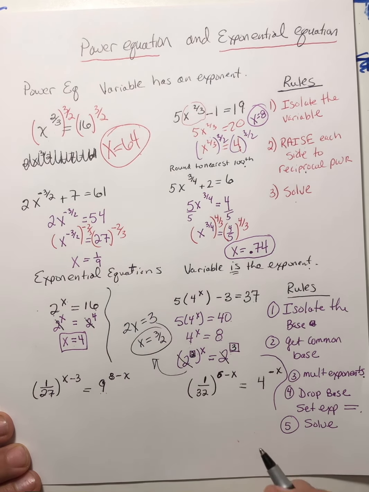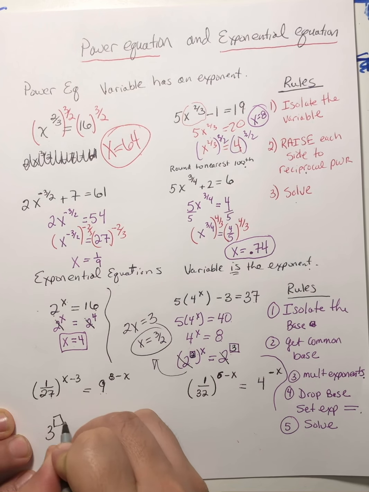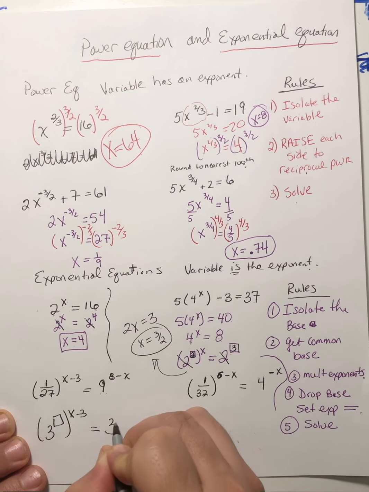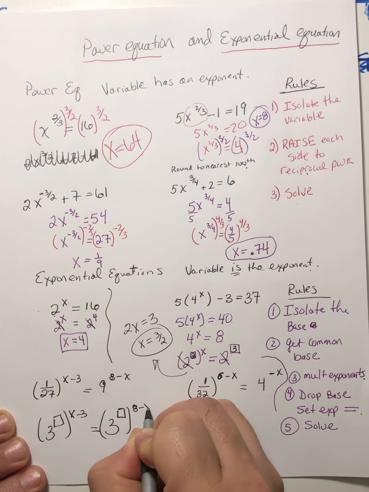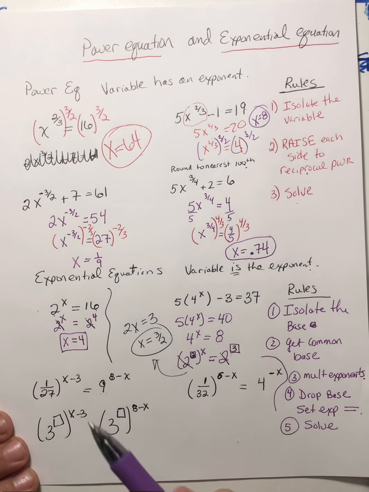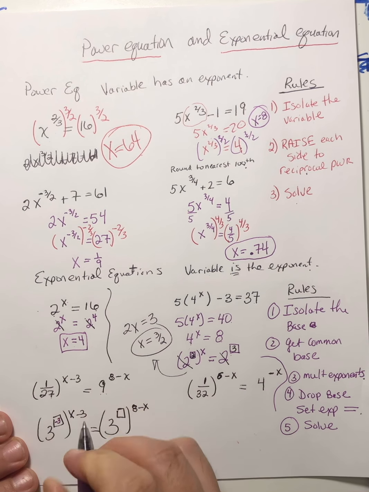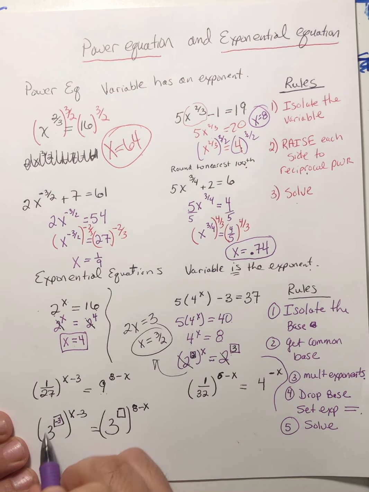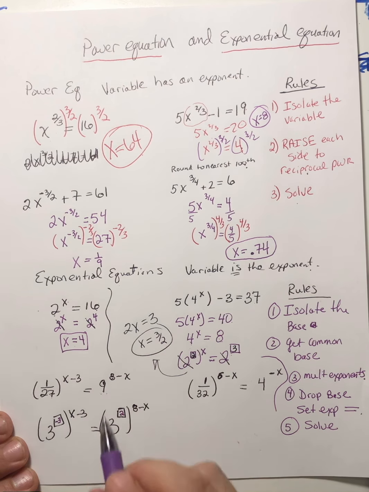That's right, 3. So it's 3 to some power, and then 3 to some power. So what number am I going to put in the box here? That's right, a negative 3. 3 to the third is 27, so 1 over 27 is 3 to the negative 3. And this is a 2. That's right, 3 to the second is 9.